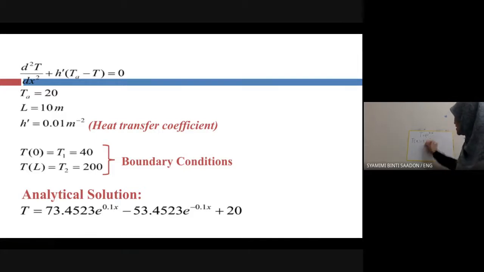Next, the shooting method. This is more important.